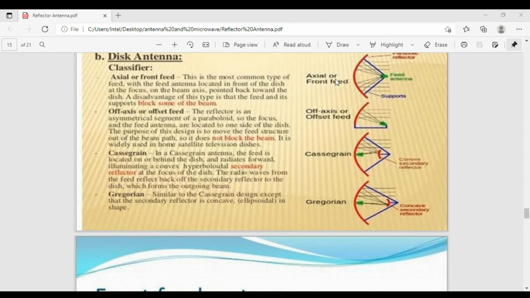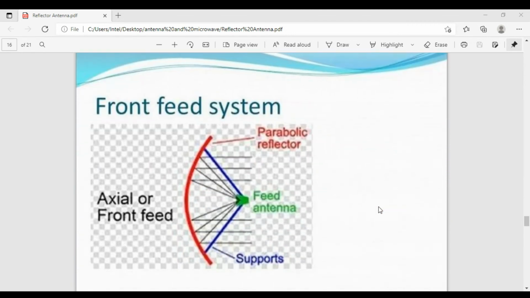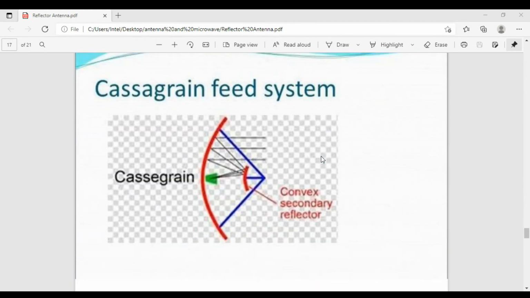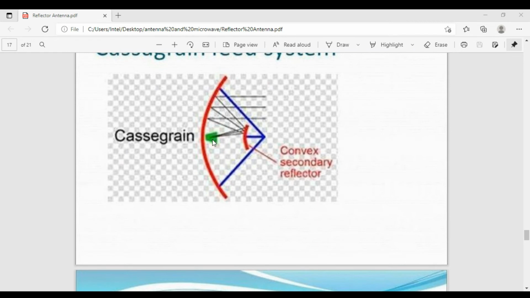So it is axial or front feed. Next it is off axis or offset feed, Cassegrain feed, Gregorian feed. Front feed. Cassegrain feed, I already explained. This is the primary antenna. Next is the secondary, that is the hyperbolic reflector.